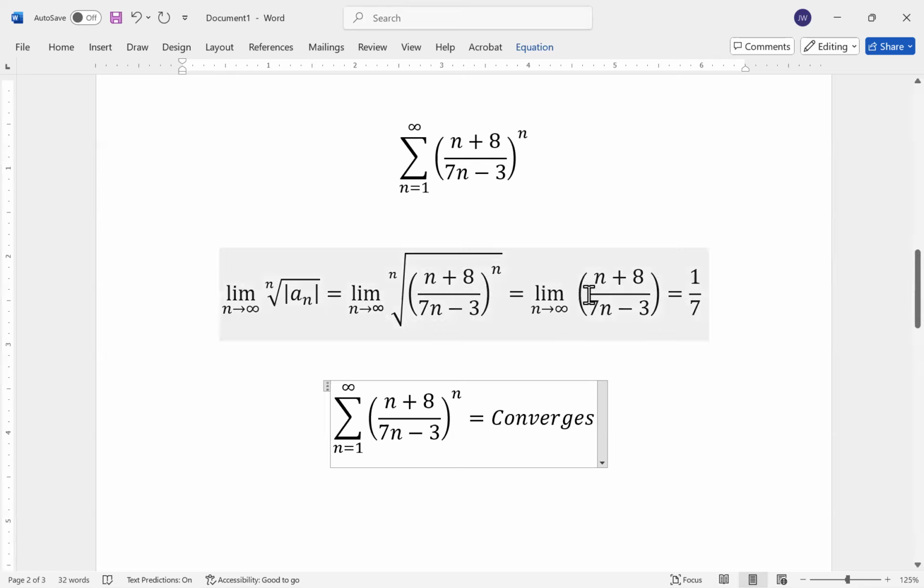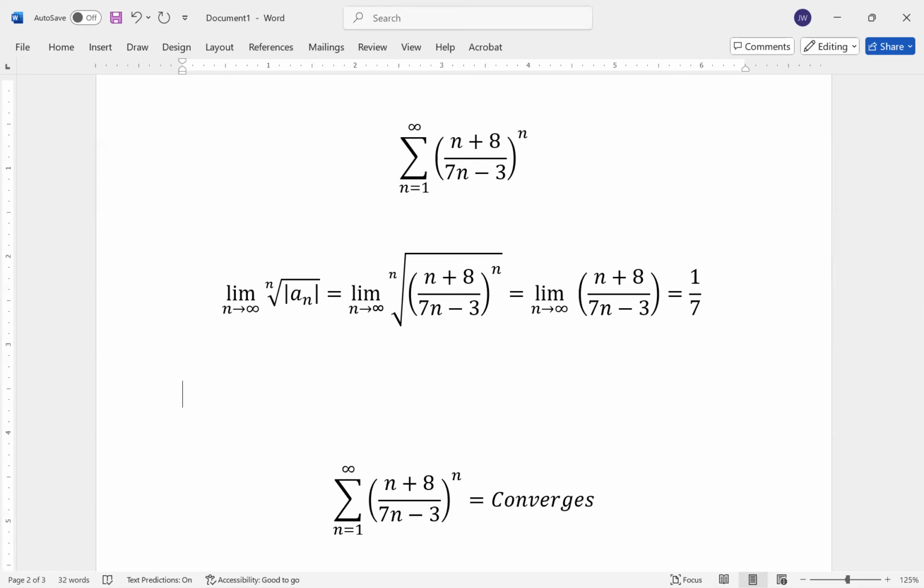Now, I want to talk about the way you might see this informally. The pieces inside that are being raised to the nth power are getting closer and closer to 1/7.